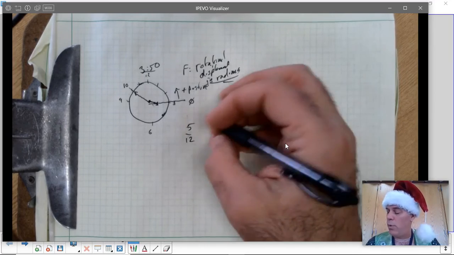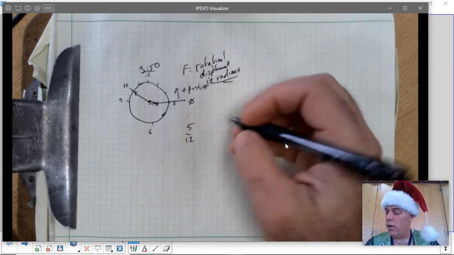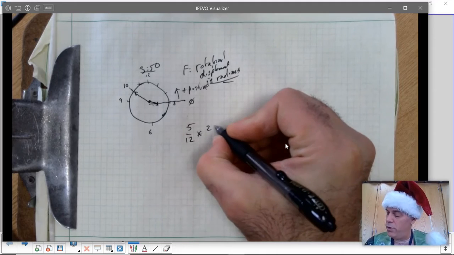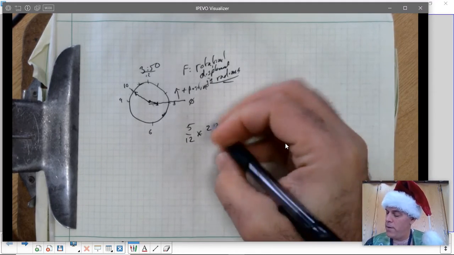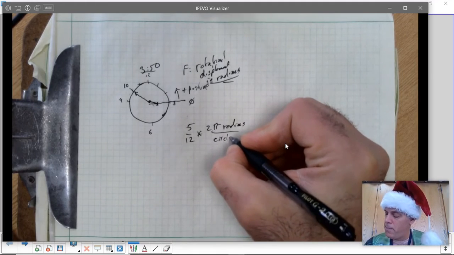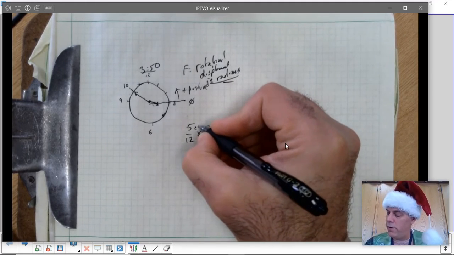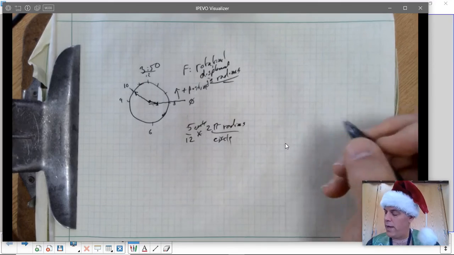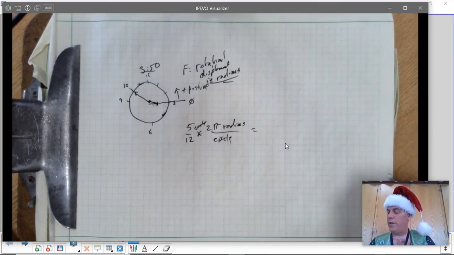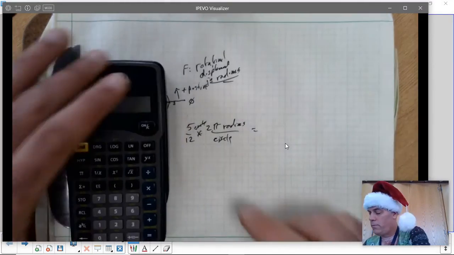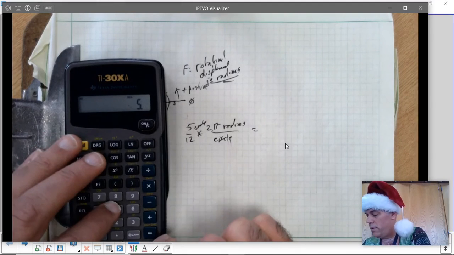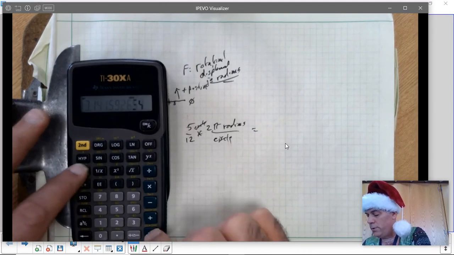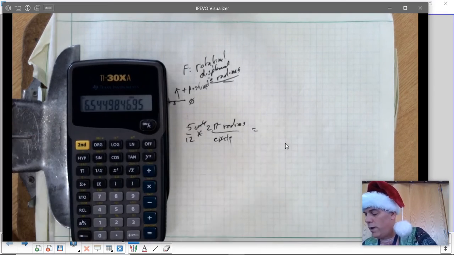Well, we have 5/12ths of a circle times 2 pi radians per circle, right? Circles cancel, and we wind up with 5 times 2 times pi divided by 12.